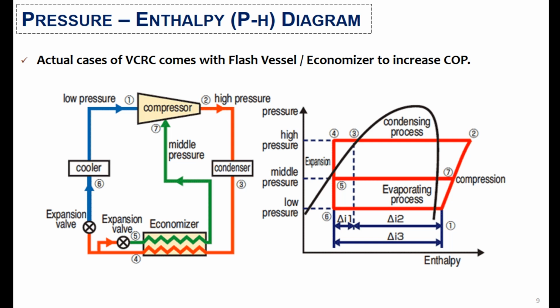If you see the curve on the right side, you will see that there is another point 7. Point 7 reflects that the compressor's overall efficiency has increased when a middle pressure stream comes inside. So the total change in enthalpy will be equal to the actual case enthalpy plus the ideal case.